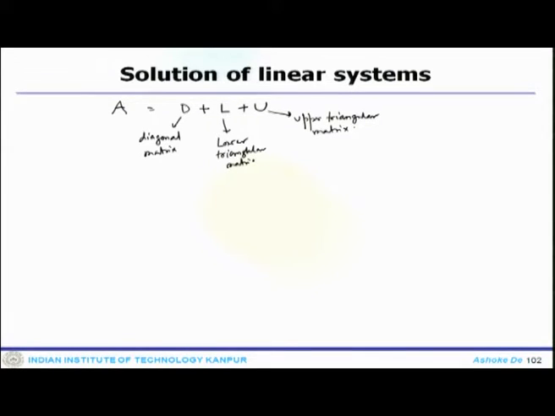So these are the three different parts of the decomposition that one can do.